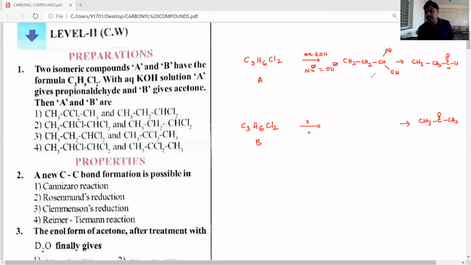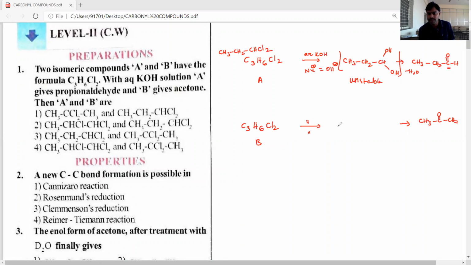One carbon with two OH groups is unstable. Loss of a water molecule produces propanaldehyde, and the corresponding dihalide, the geminal dihalide, has two chlorine atoms at the end carbon. Now A is CH3CH2CHCl2. That is compound A, so the third option is correct.